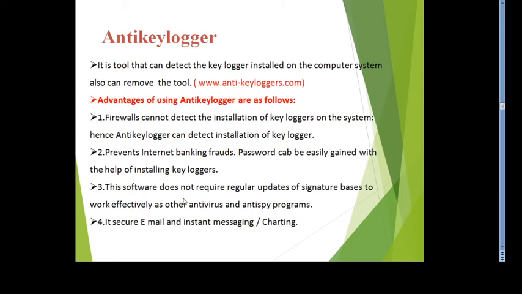Third, it does not require regular signature updates to work effectively like antivirus programs, so the efficiency of this software is very high. It also secures email, instant messaging, and your chatting.